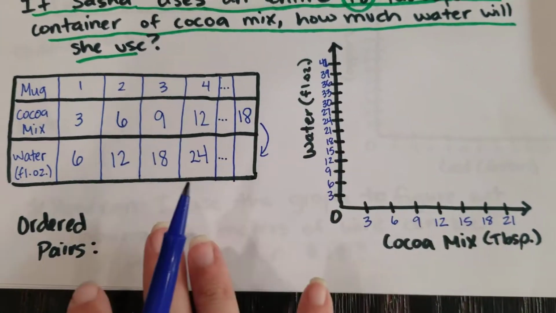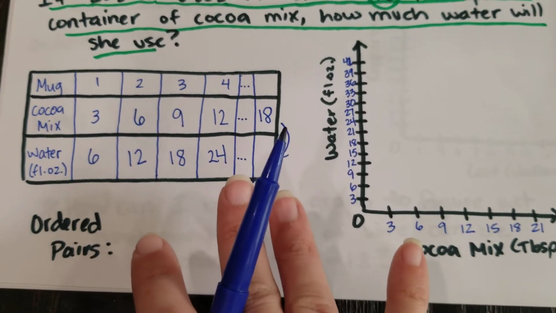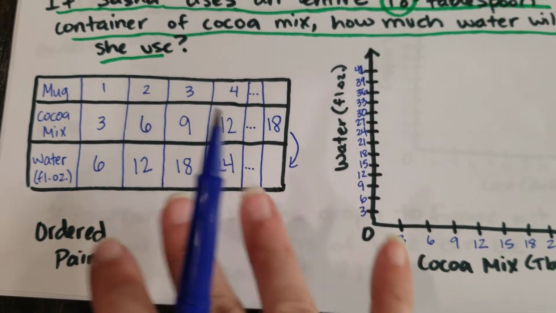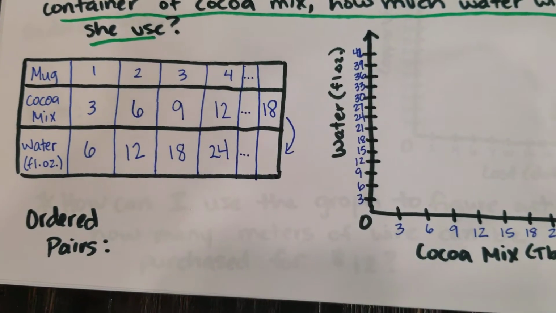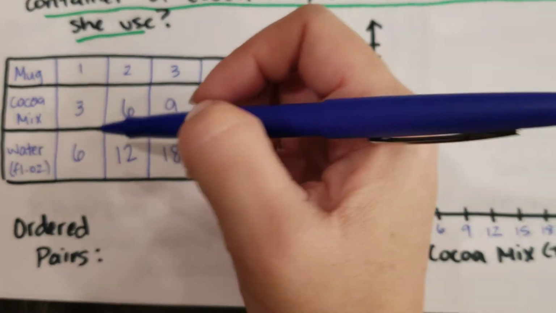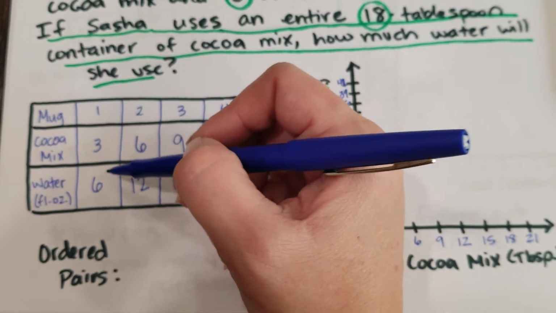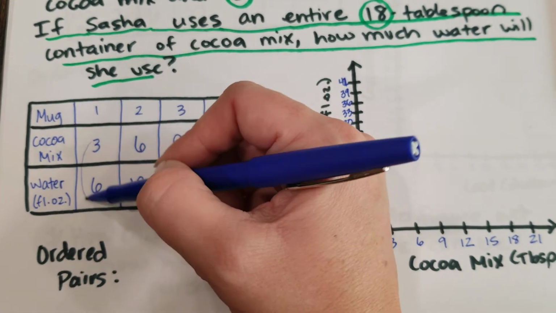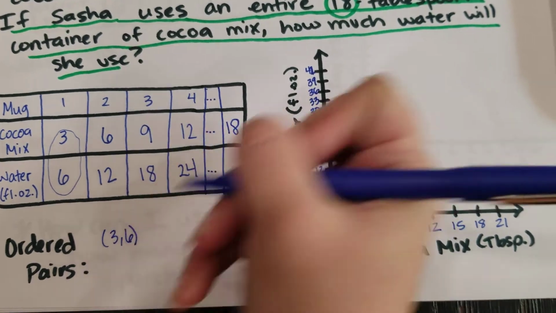All right, so we are going to make ordered pairs from this table. We learned that at the beginning of chapter 9, in like lesson 3 or something. This means we need to find partner numbers, right? Numbers that are related that we can make ordered pairs from. And since our question is about cocoa mix and water, I'm going to use cocoa mix and water numbers. So 3, 6.